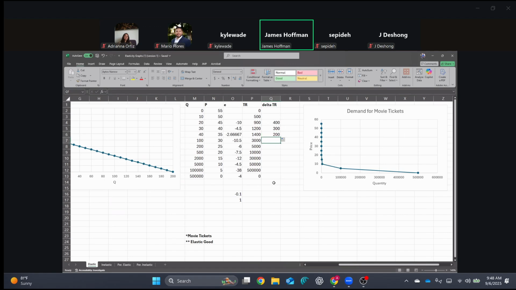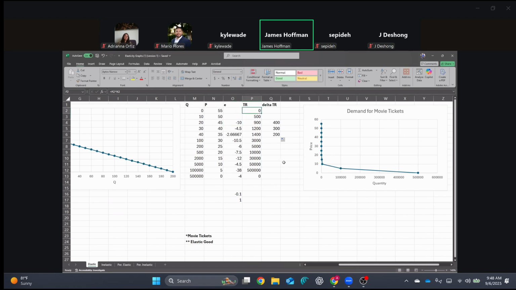So this was kind of a makeshift example, but I wanted to illustrate an elastic demand curve, which is for movie tickets because there are lots of options. I wanted to illustrate how to calculate elasticity in Excel by doing the percent change in quantity over the percent change in price.